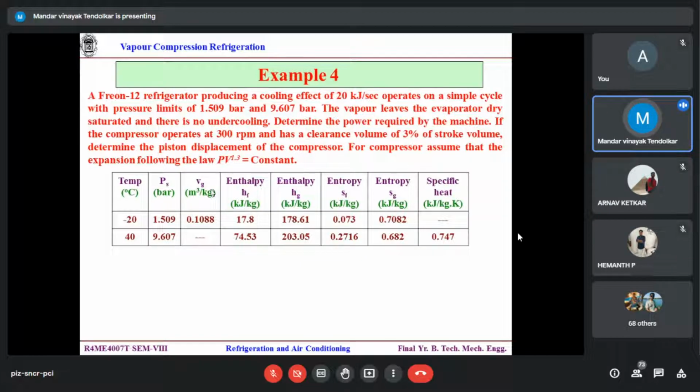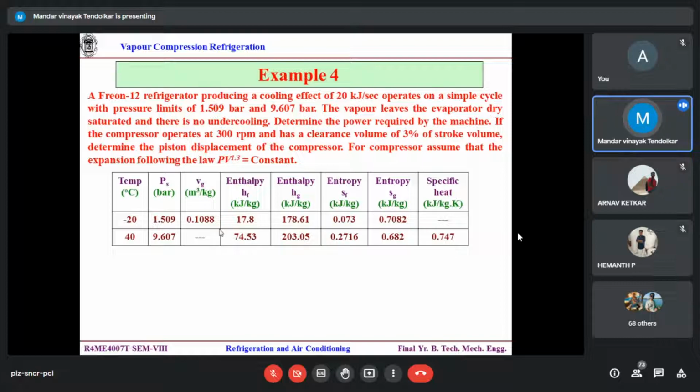For the compressor, assume that the compression process follows the law PV raised to 1.3. So N is given, it is not gamma. Okay, so you can calculate the volumetric efficiency. For that, you need that N. Yes, sir. Correct. So pressure ratio known, N known. You can calculate volumetric efficiency.